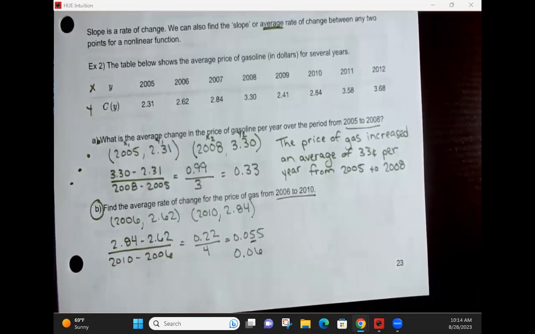That's perfect. On average, the price of gas rose, since this is a positive value, it went up by about 6 cents per year from 2006 to 2010.